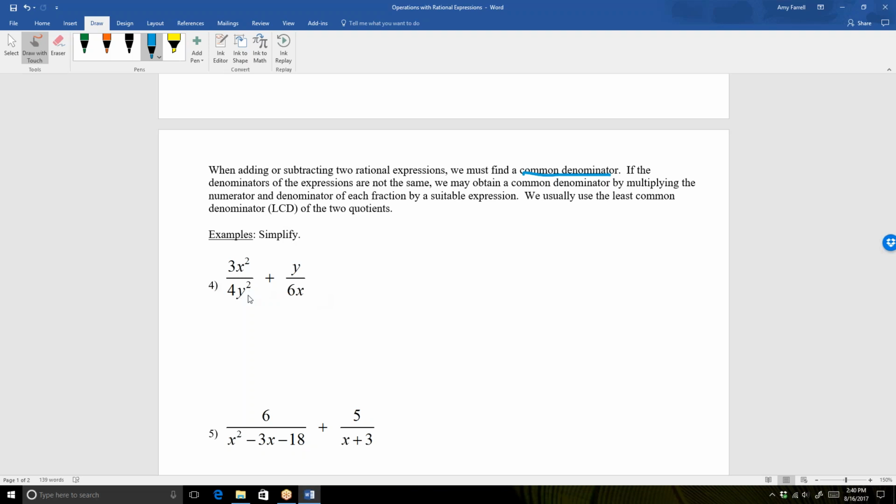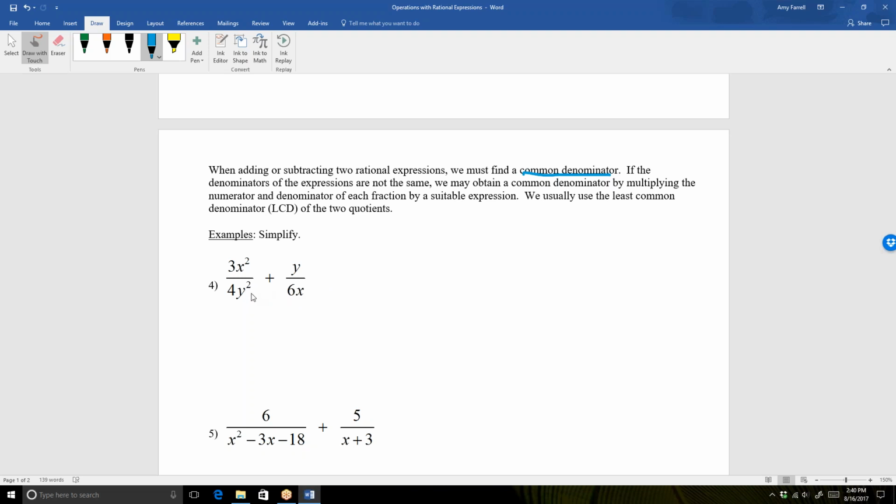So starting with number 4 here, I want to try to make these denominators exactly the same. I've got a 4 and I've got a 6. I'm going to concentrate on the numbers first. The least common multiple of 4 and 6 is 12. Now I could multiply by 6 over 6 over here and 4 over 4 over here, but that wouldn't be the least common denominator.